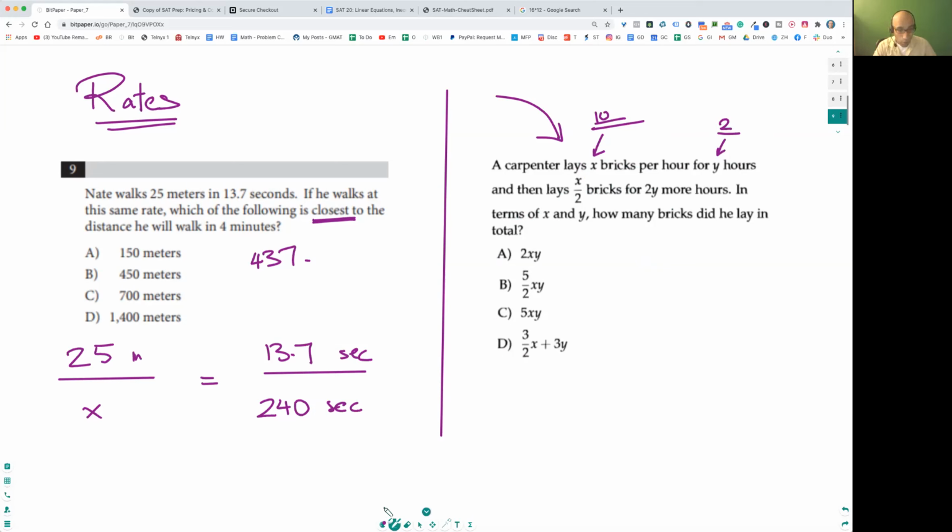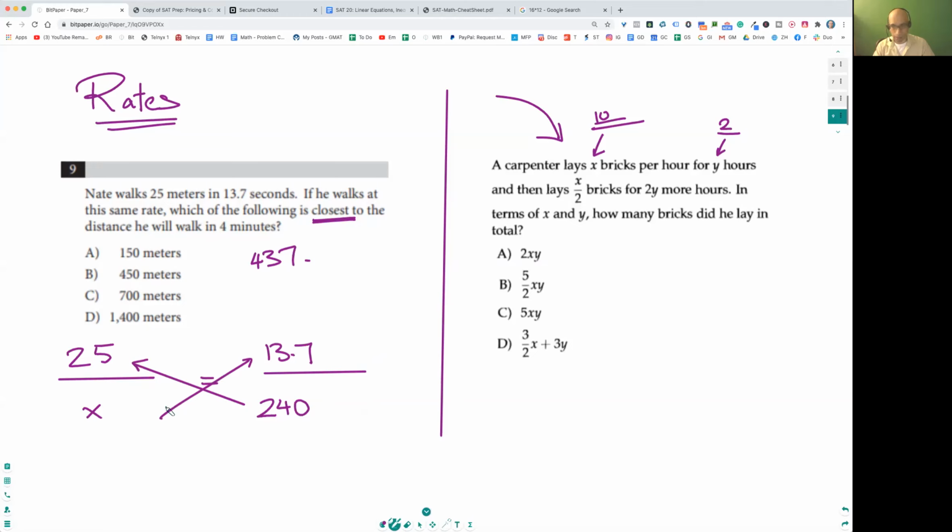So meanwhile, over here, what you're going to do is get rid of these units, these seconds, and then cross multiply like this. Same deal. If you have trouble cross multiplying, remember, I've got a whole piece on cross multiplying in the ratio section.